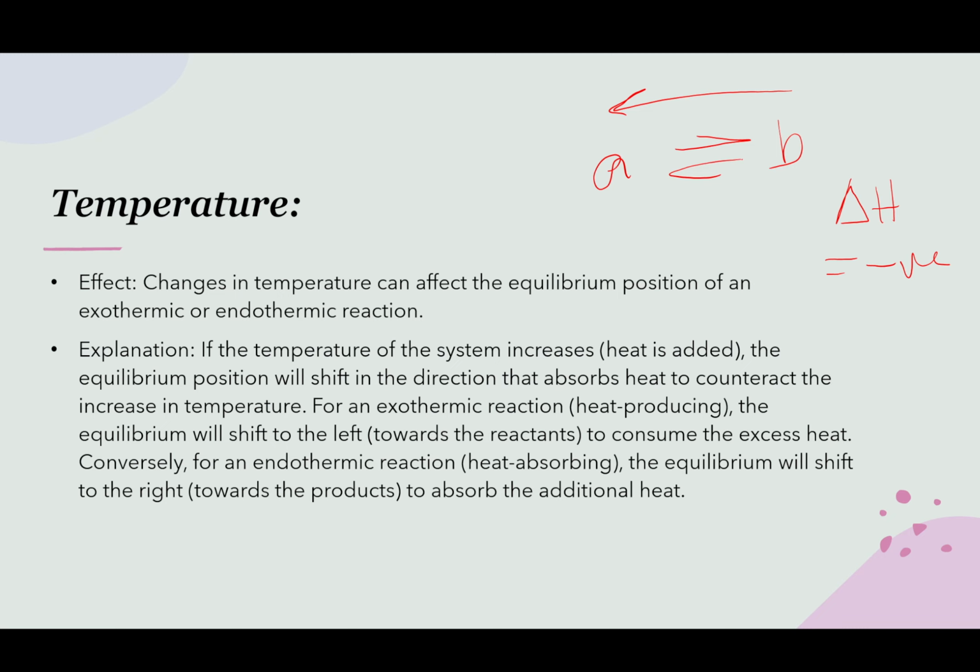So the equilibrium will shift to the left, meaning it will favor the reverse reaction, the endothermic reaction. So if we have an exothermic reaction and we continue to increase the heat, it will favor the reverse reaction. The equilibrium will shift to the left to decrease the temperature. Make sense?